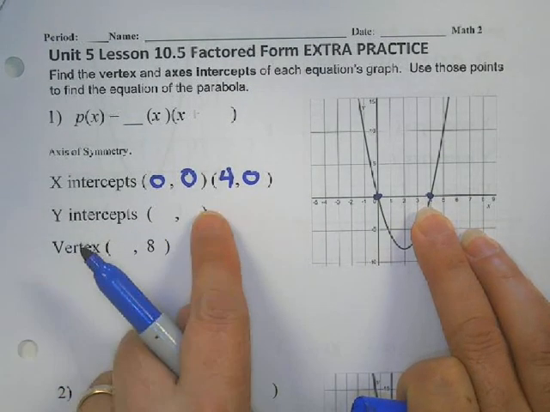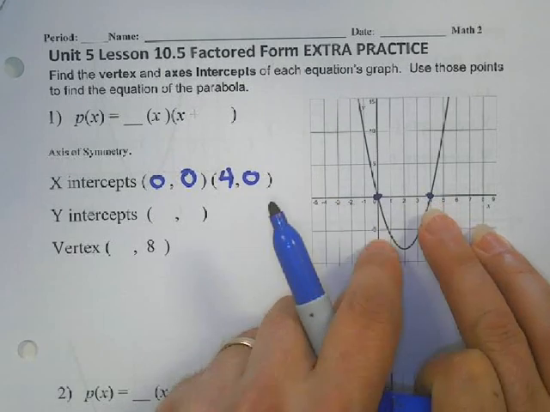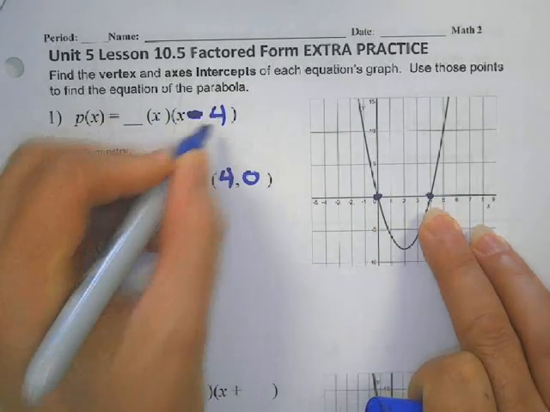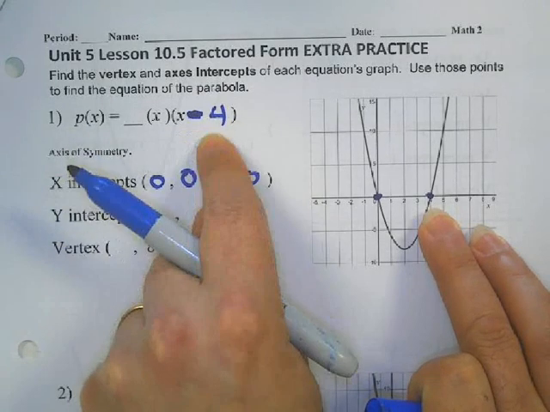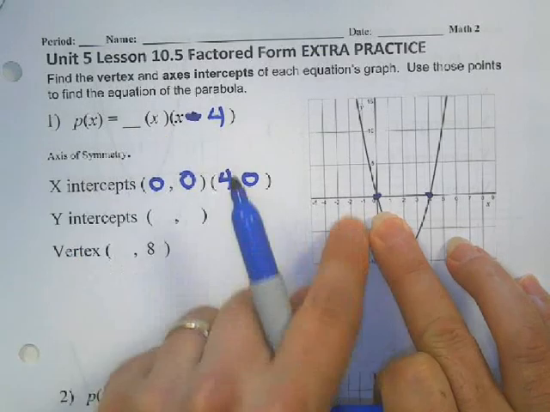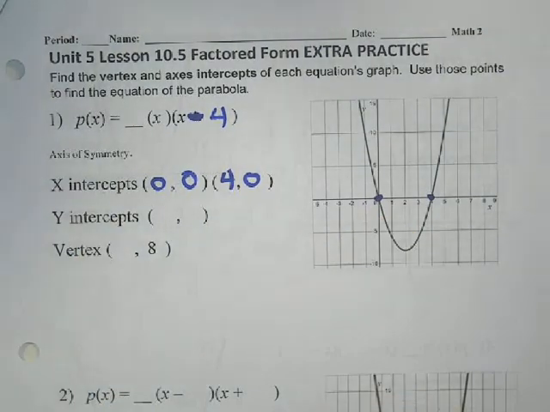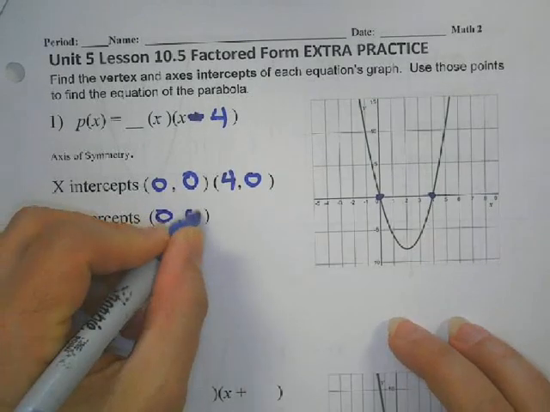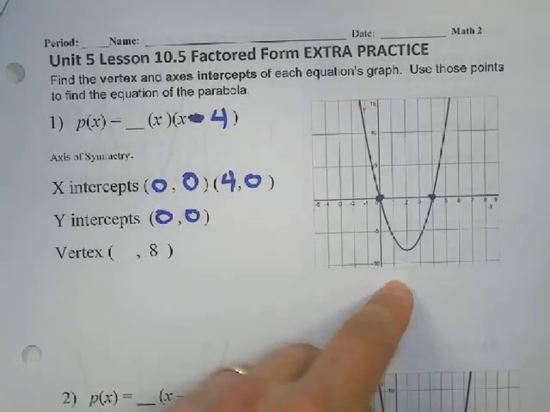And so this factor here is going to be x minus 4. This should be a minus here. So x minus 4 is going to give me a 0 at 4, and x, we just have this x there. Okay. Now, the y-intercept is also 0, comma 0, because it crosses the y-axis at that point.